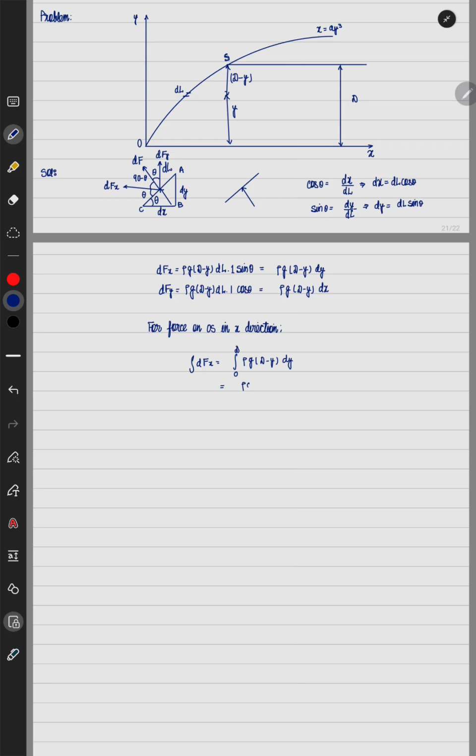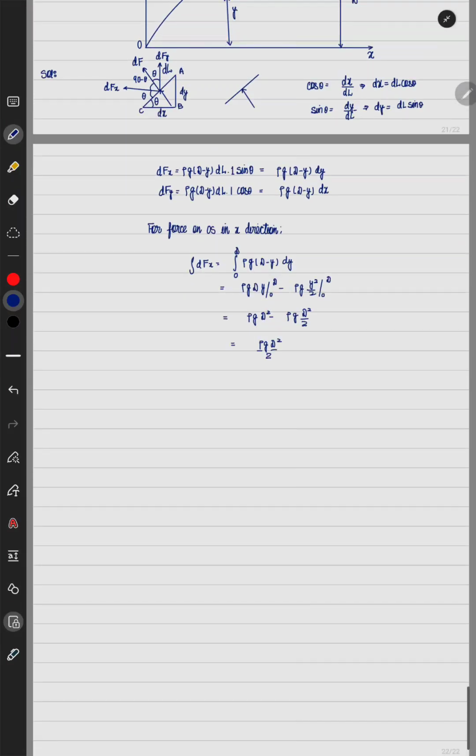So rho into g into d times the integral of dy, which is y from 0 to d, minus rho into g into y square by 2 from 0 to d. That gives rho into g into d square minus rho into g into d square by 2, which is equal to rho into g into d square by 2. This is the force acting in the x direction.